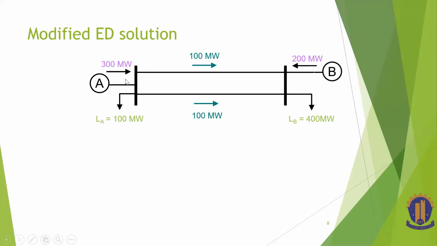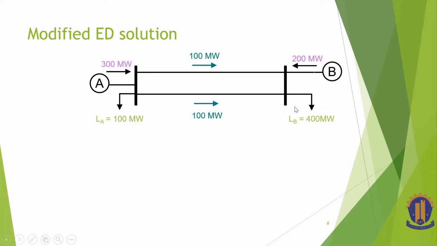We consider that generator A will not totally produce the 500 megawatt. We have to give a limit here, so that the rest of the power will be supplied from generator B. So if it produces 300 megawatt rather than 500 megawatt, then after supplying 100 megawatt, the remaining 200 megawatt will be equally distributed through this double circuit line, 200 megawatt from this generator and 200 megawatt from this generator.